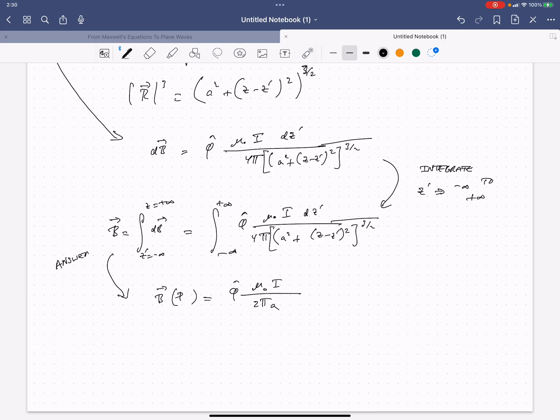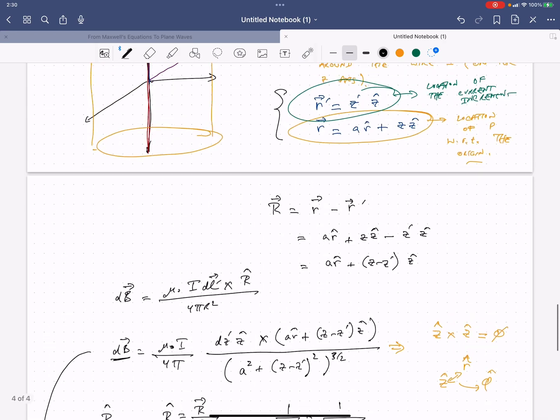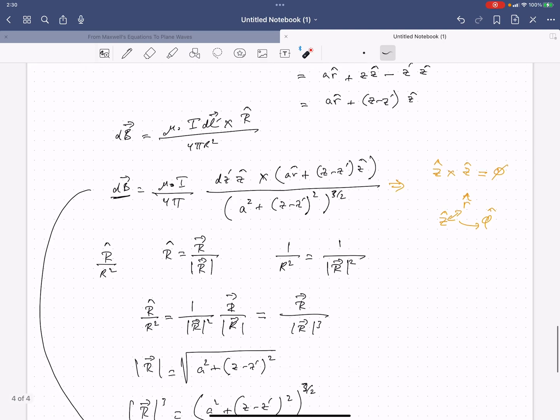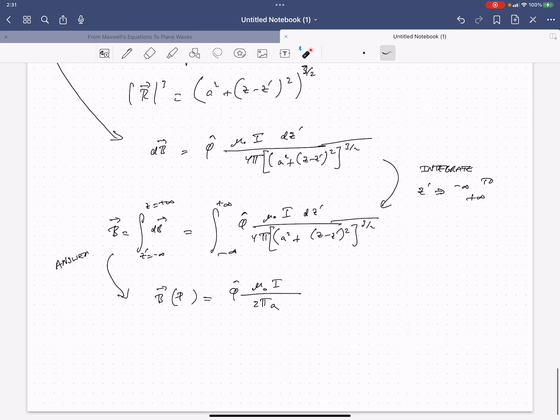And if you remember, A is basically the radius of the cylinder. So A is any radius, any distance away from the wire. A is the radius for any cylinder.